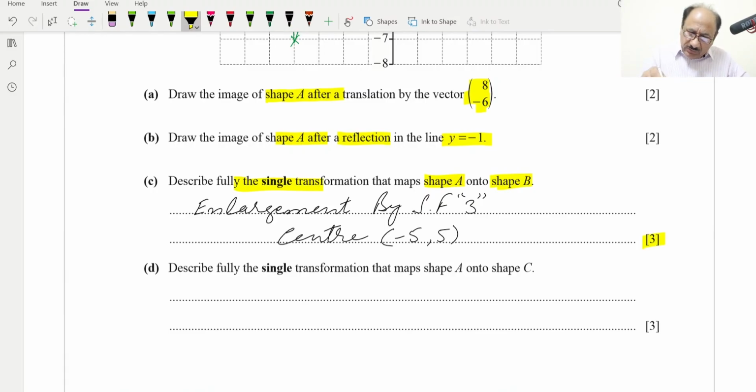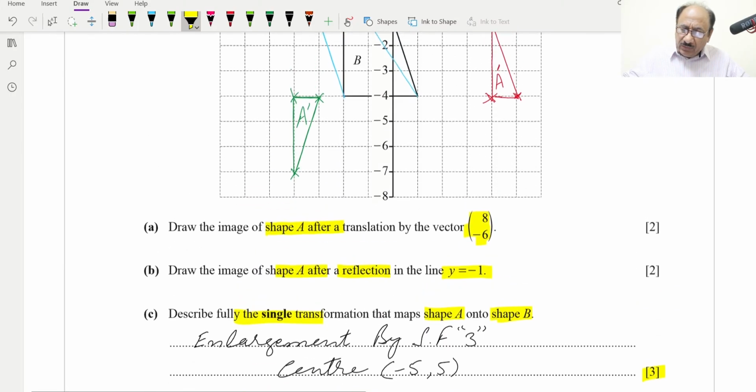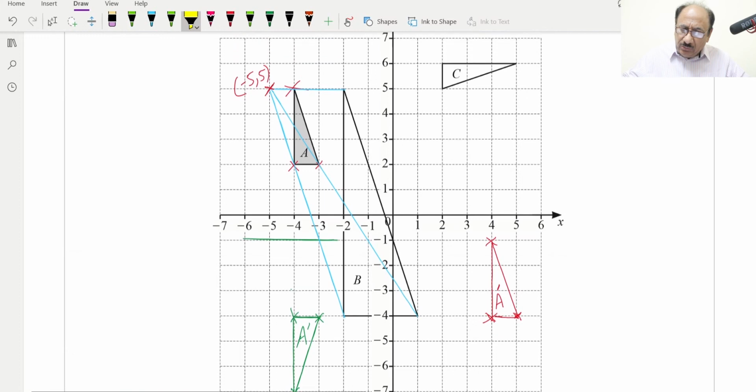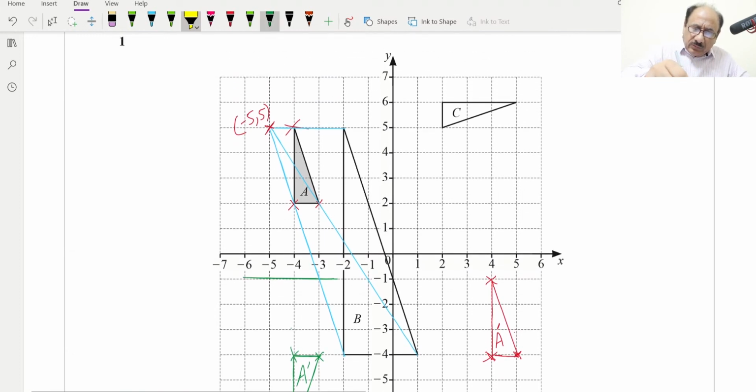And then comes describe fully the single transformation that maps triangle shape A onto shape C. So A onto C. C is this one.